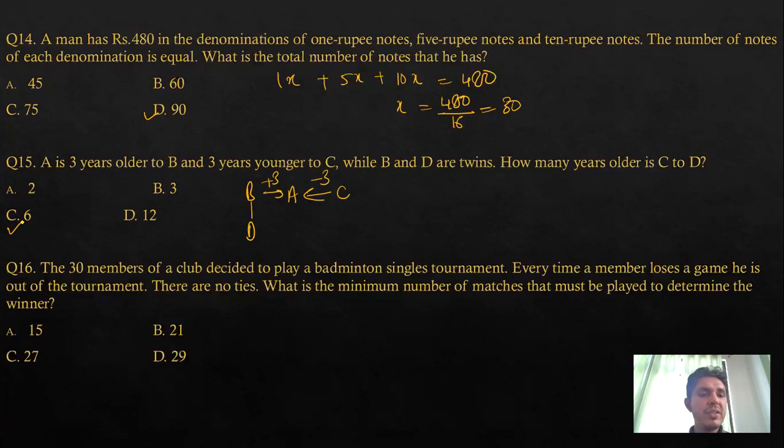Thereafter, question number 16: 30 members of a club decided to play a badminton singles tournament. Every time a member loses a game, he is out of the tournament. There are no ties. What is the minimum number of matches that must be played to determine the winner?